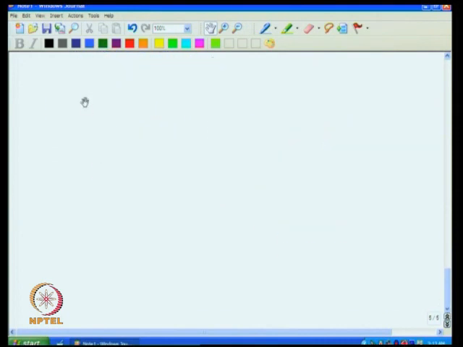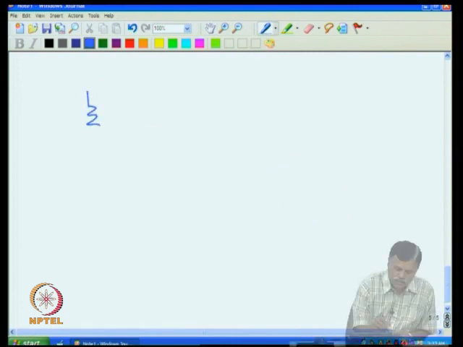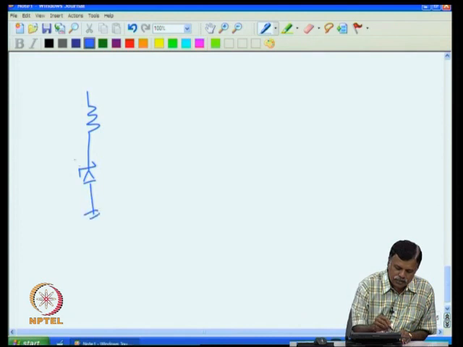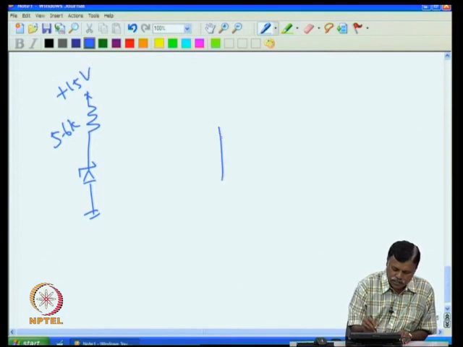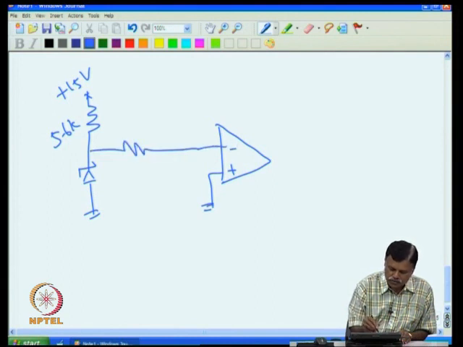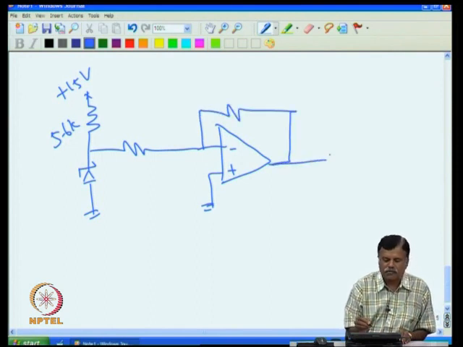What I can do is I will put the sensor, connect this, then I put this 5.6 K, connect this to plus 15 volt, then I take the operational amplifier, this plus grounded, this minus. This is a simple inverting amplifier.